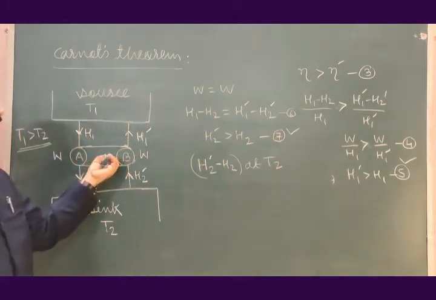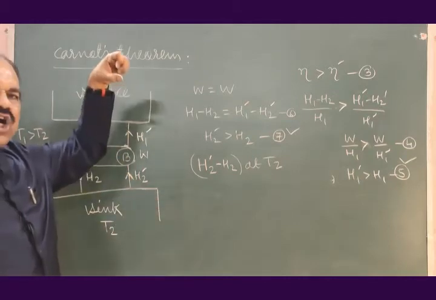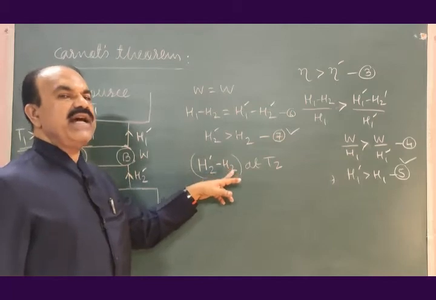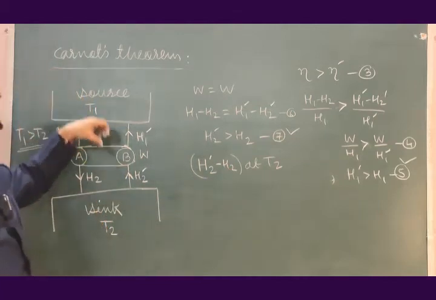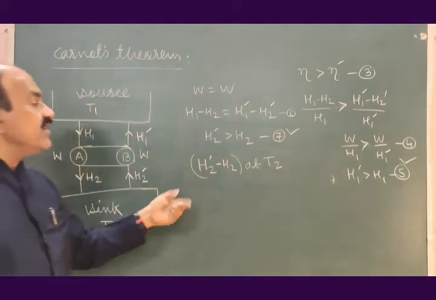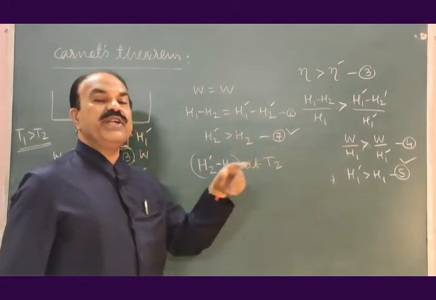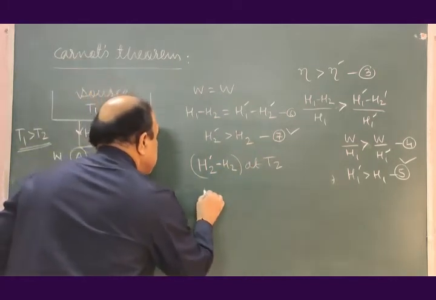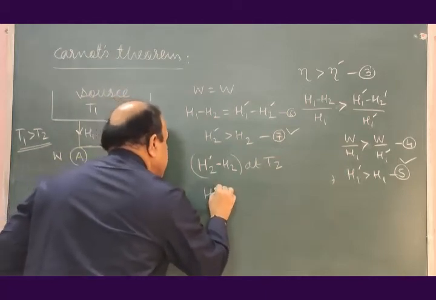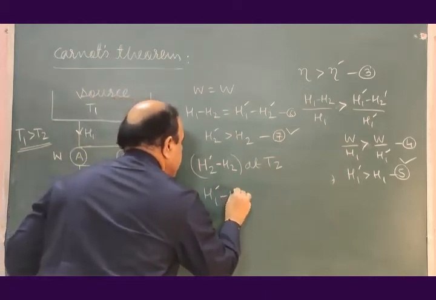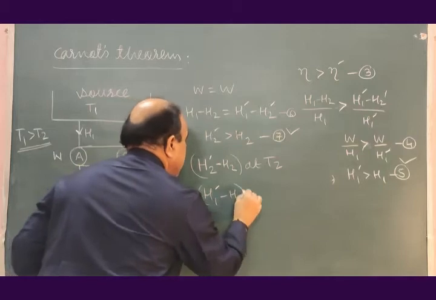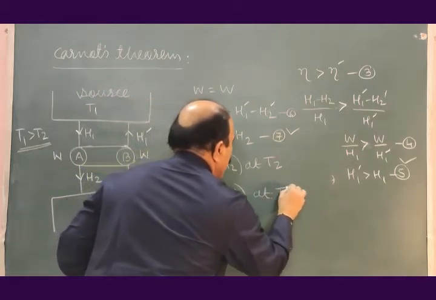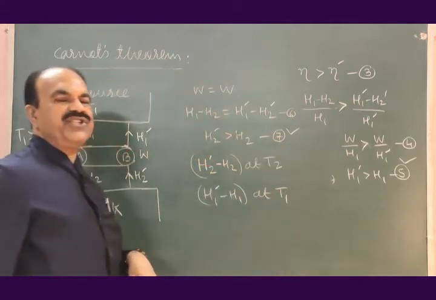This coupled system draws heat energy H2 dash minus H2 from the sink, which is at a lower temperature T2, and then rejects heat energy H1 dash minus H1 to the source at temperature T1.